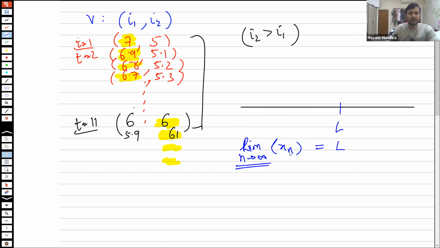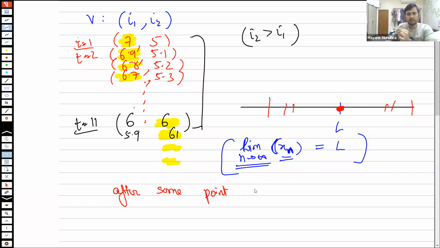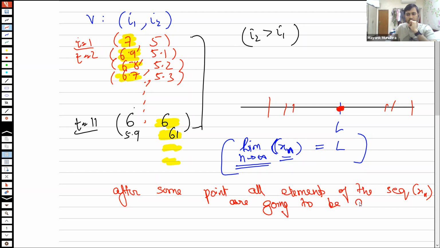This means that as the subscript n goes to infinity, the sequence element xn, we say that at infinity, this xn is equal to L. It means that the sequence, wherever it starts from, it could start from here or it could start from here, after some point, all the points are going to be around L. So basically, after some point, all elements of the sequence xn are going to be around L.